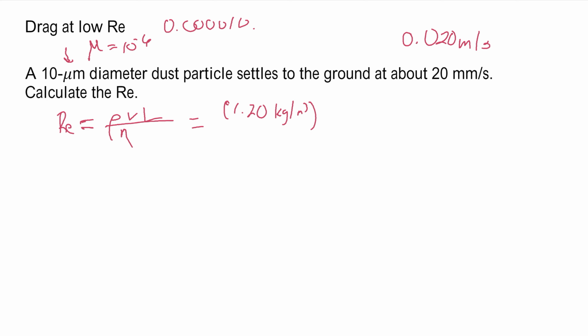Okay, and then we have V. That is 0.020 meters per second. And then we have the L, which is 10 micrometers. With all those zeros, I can write that in scientific notation: 1 times 10 to the negative fifth meters.